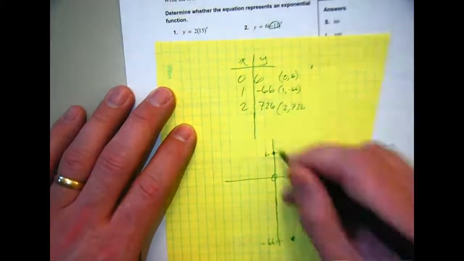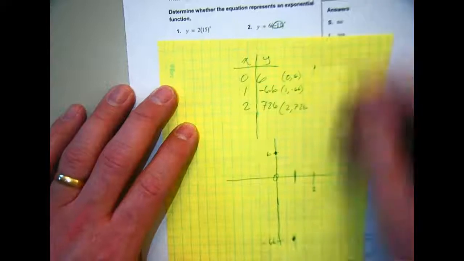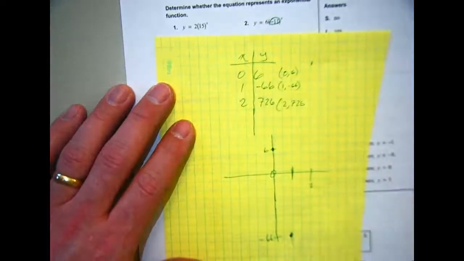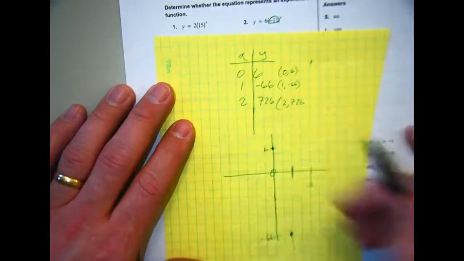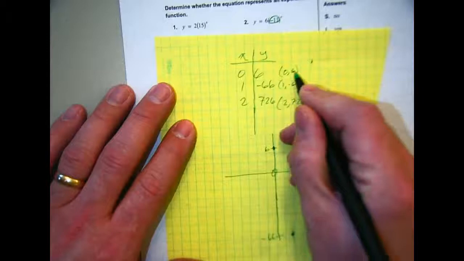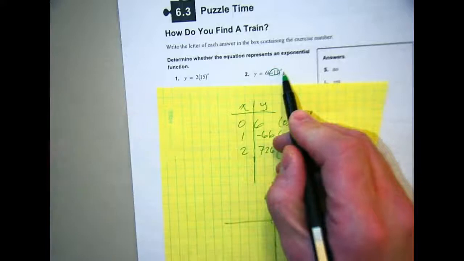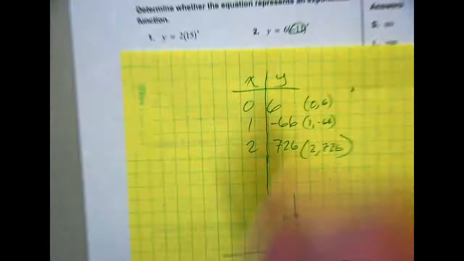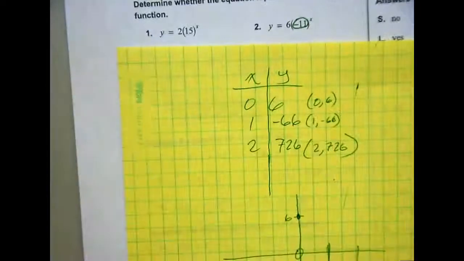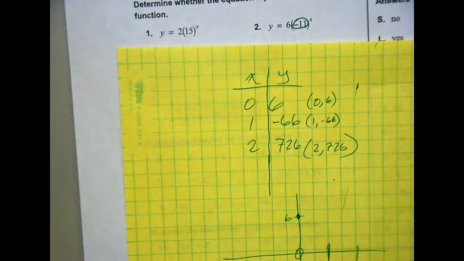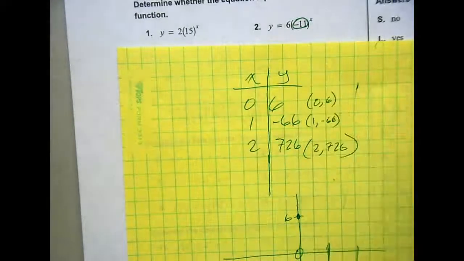So this graph's going boom, boom. It's doing some crazy zigzags. Is that exponential? No. This keeps flipping: positive, negative, positive, negative. Because when you raise a negative to an odd power, you get a negative. When you raise a negative to an even power, it's negative times negative, so you get a positive. So it's going to keep flipping back and forth between positive and negative.